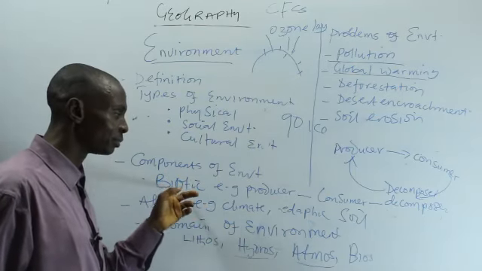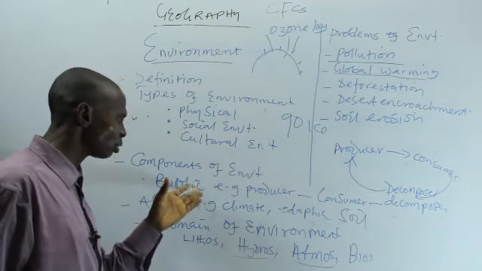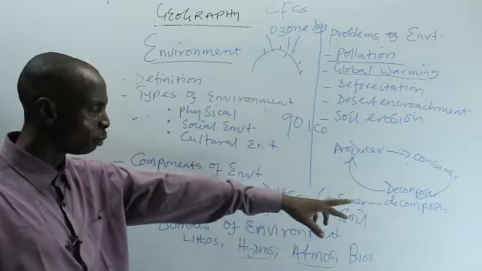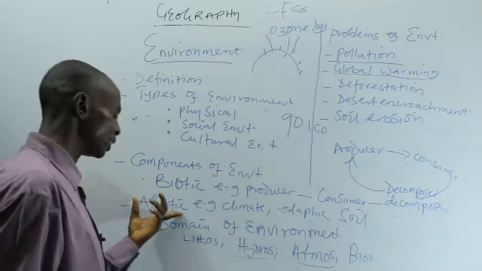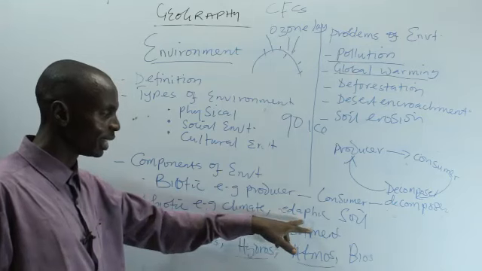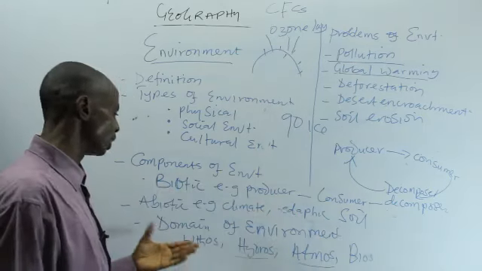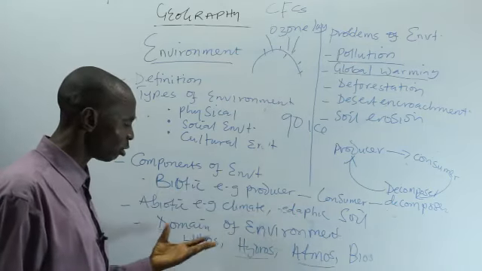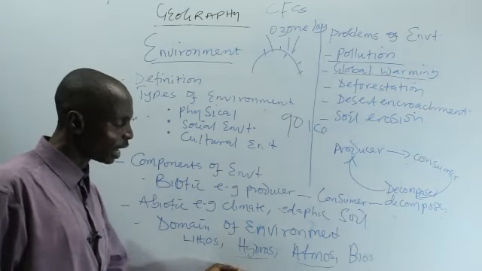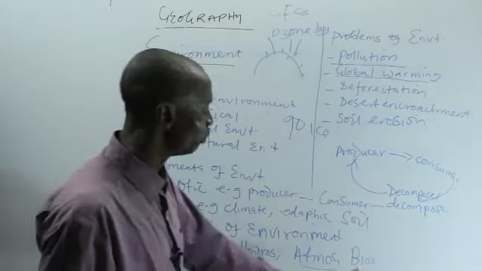Biotic means life, and the life portion of the environment contains producer, consumer, and decomposer. Then we have abiotic, that is non-living. We have the climate and edaphic. Edaphic means what? Soil. Then we look at the domains of environment. We talk about lithosphere, hydrosphere, atmosphere, biosphere.